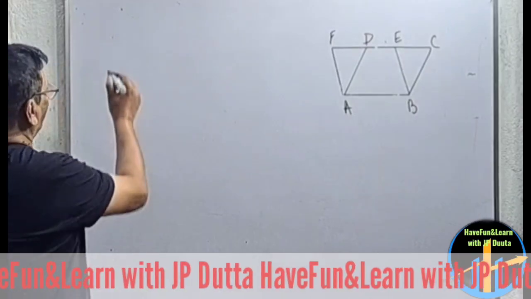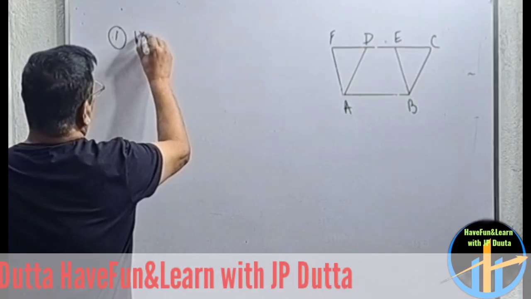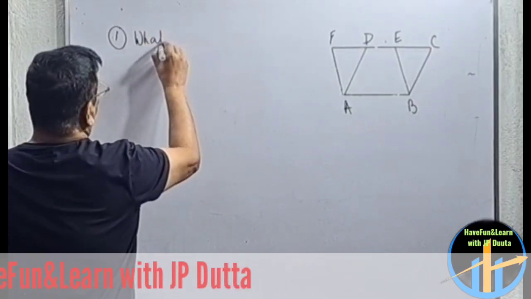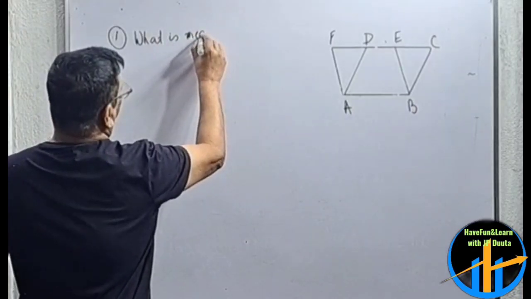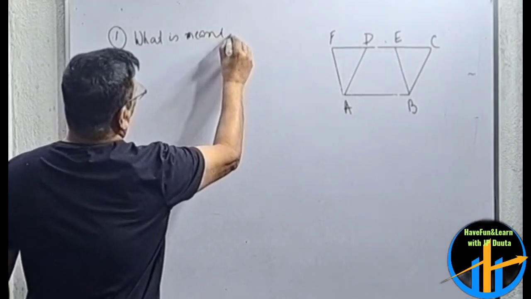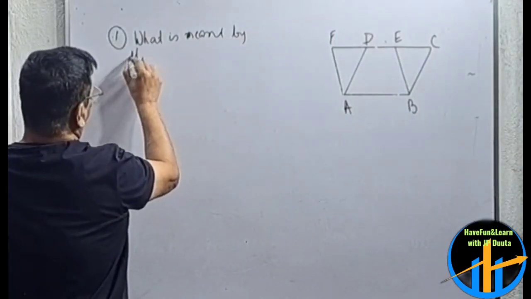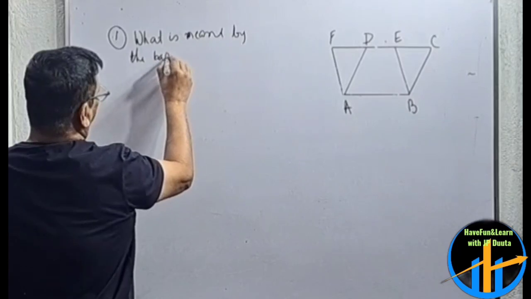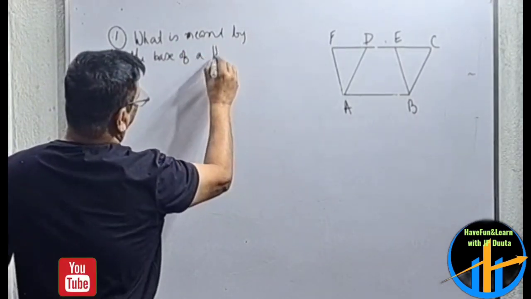What are they? Number one, what is meant by the base of a parallelogram?